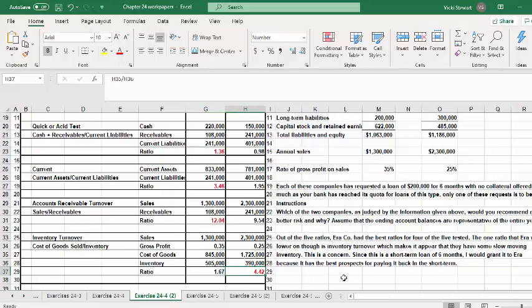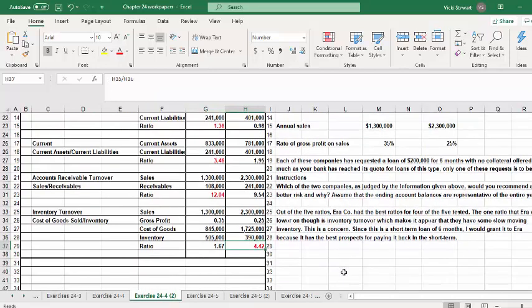The only one that McCoy had higher was inventory turnover. So we could say that in all the ratios, Era was ahead of McCoy except for that one ratio, and we would probably need a little bit more information on what they sell, because some inventory you would expect to turn over much quicker than other types.